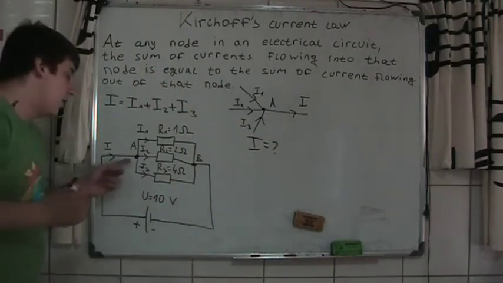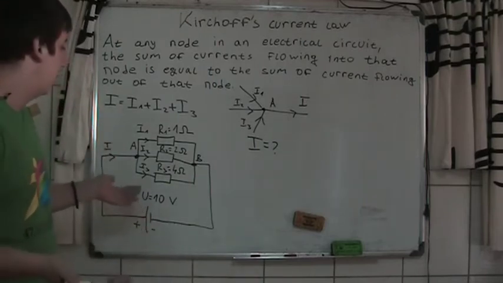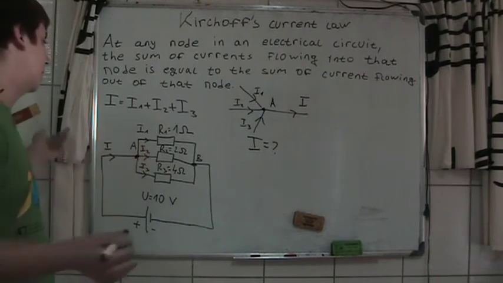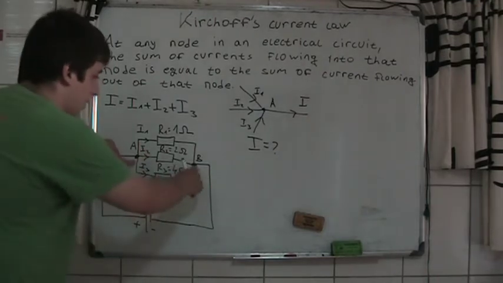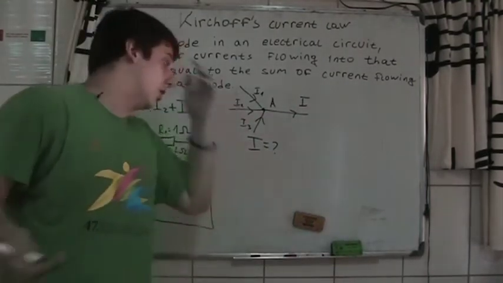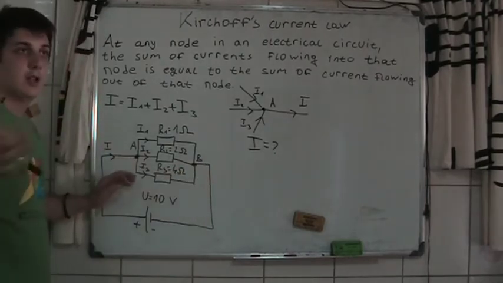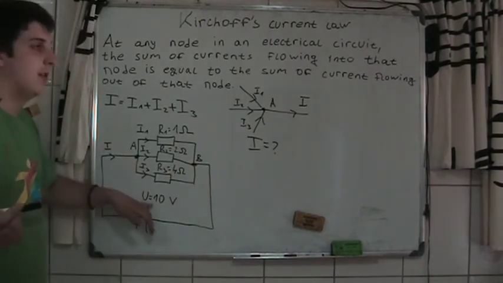Okay, so we have to know some things in electrical circuits. From here to here, what is the electrical potential difference? From here to here, you have an electrical potential difference that is equal to 10 volts. Why?